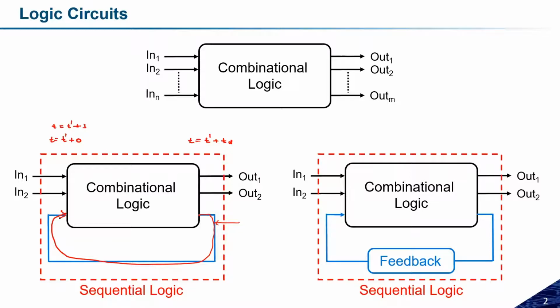That is why we call it the memory effect. So this feedback path is providing the memory effect in this particular logic circuit. This is how sequential logic circuits are important and how they create the memory effect in the circuit. So this is all about the logic circuits.